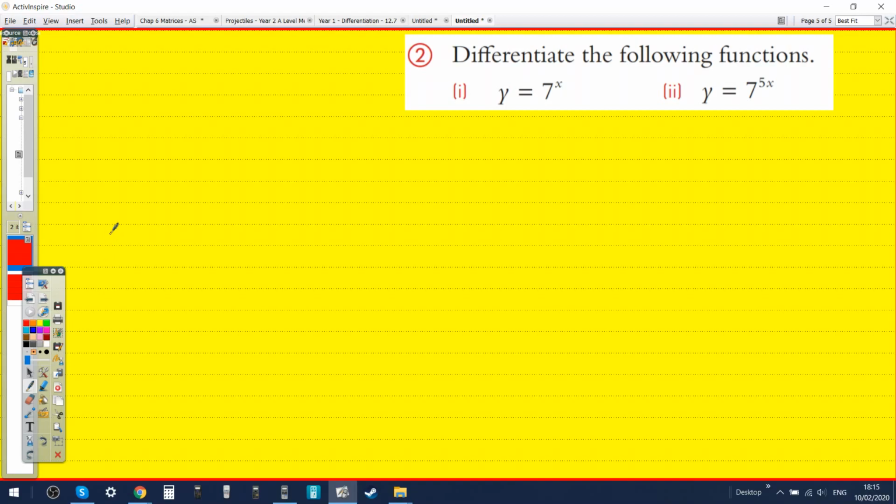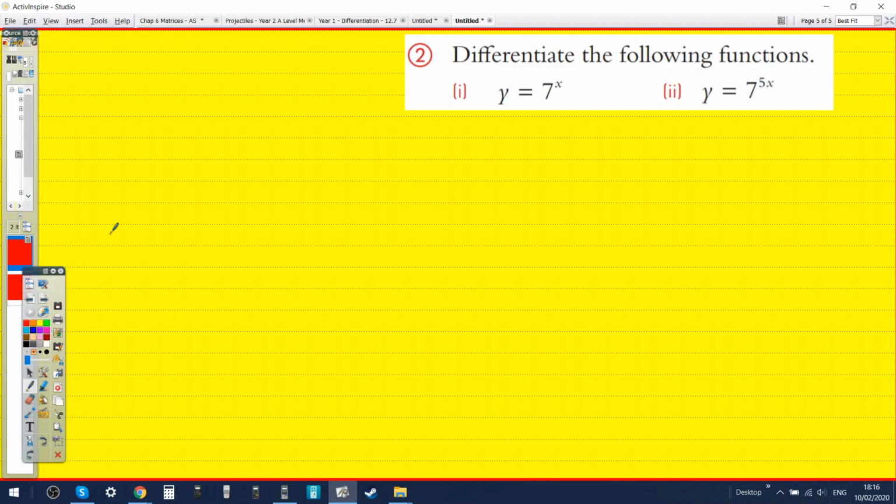So the derivative of 7 is nothing. Actually, hold on. u is equal to 5x. v is equal to 7 to the u. u dash is equal to 5. v dash is equal to 7 to the u ln 7.